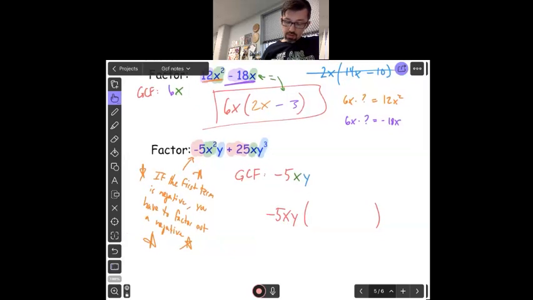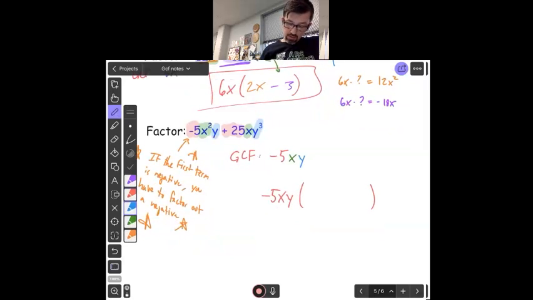Again, the questions you're asking yourself there: negative 5xy times what is negative 5x squared y? And then negative 5xy times what is 25xy? You don't need to write those down.